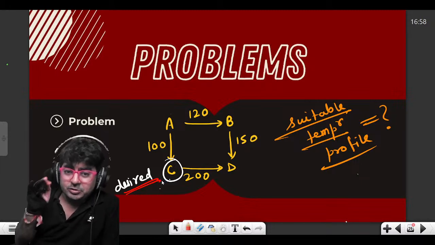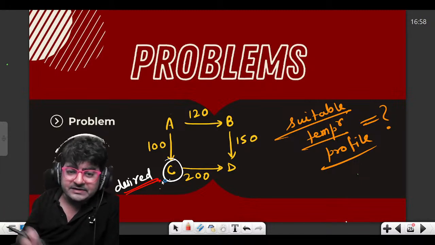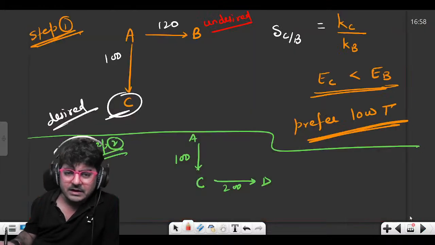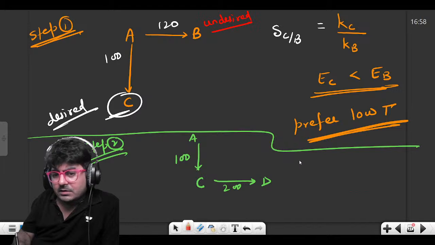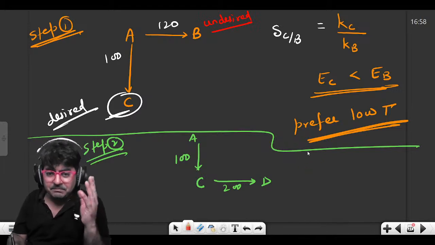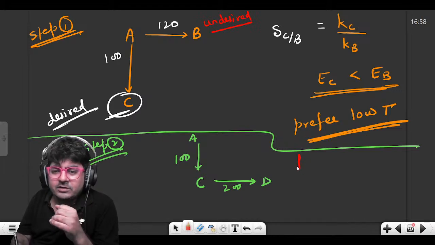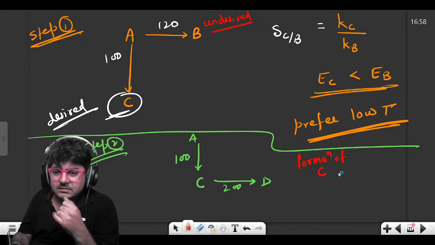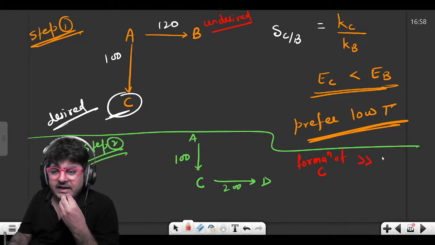Obviously, the C should stay. It should not get disappeared in the D. अगर डिसअपियर हो गए तो फायदा क्या होगा, है ना. तो यहाँ पे आप देखो के C, आप फॉर सिंपल समझ सकते हो. What I want is formation of C to be more than the disappearance of C.